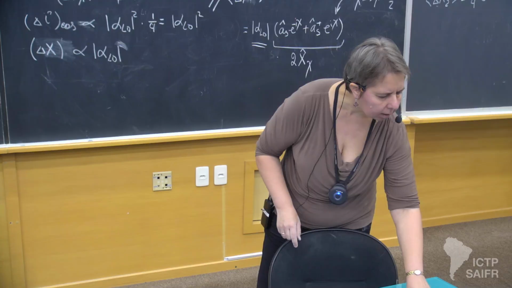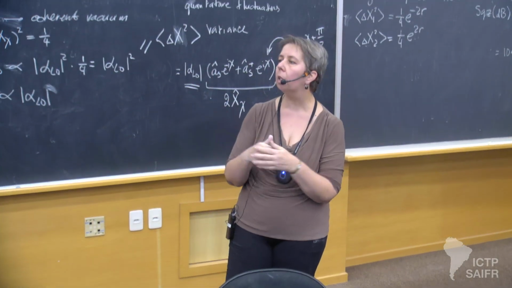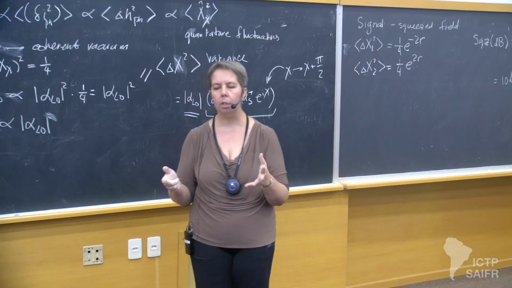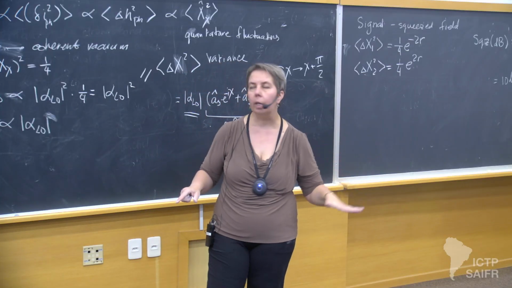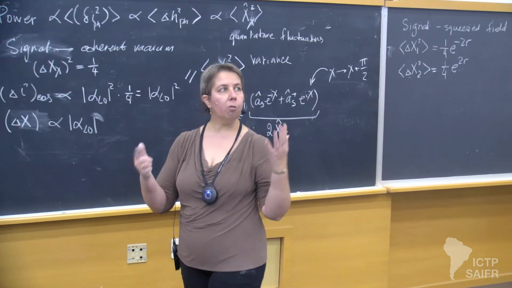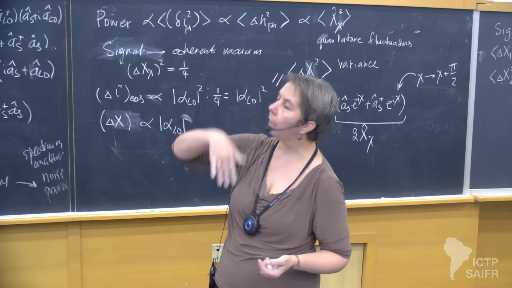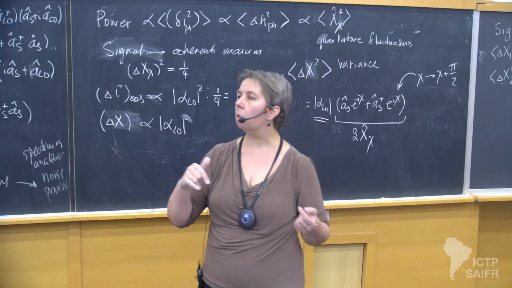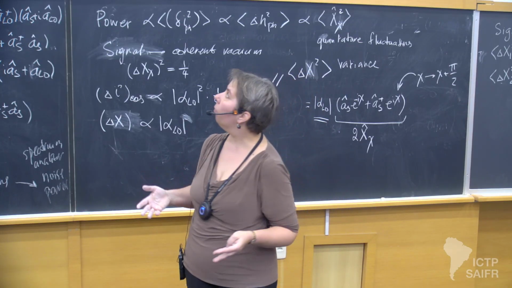Now, what makes the squeezed vacuum special? Remember, in the very beginning, I was talking about coherent state being a state with independent photons. The photons don't know anything about each other. If we go through the squeezing operator and calculate what is the squeezed vacuum state in terms of the photon number, you discover a couple interesting things.